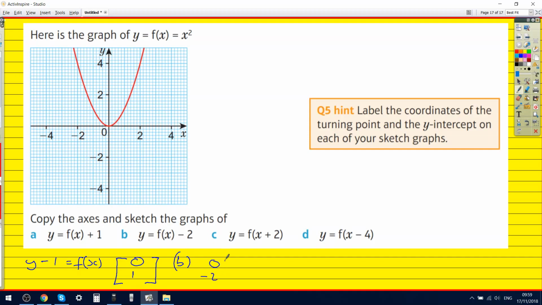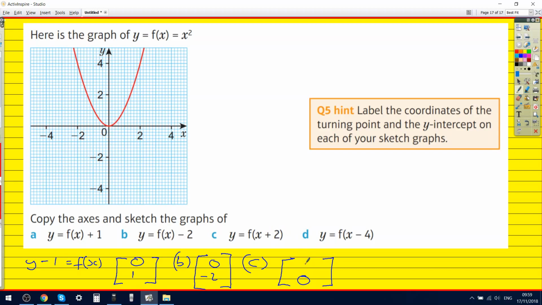So does this give you f of x plus 2? Which direction will it be, x or y? X. Yeah, so the y is going to be 0. And will it be plus 2 or minus 2? Plus 2. So it's in the bracket next to the x, so it's the opposite sign.